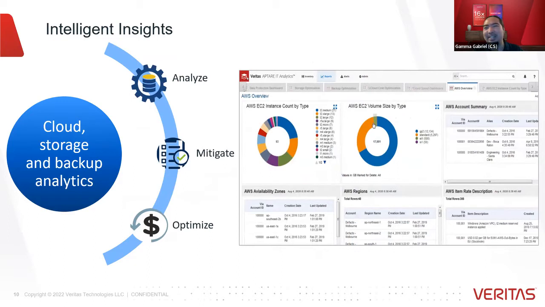Not all, because we have a time constraint, but there are a lot of things that NetBackup IT Analytics can do. We will focus on some of the things that we believe will be useful for you. Here is a quick snapshot of an AWS overview. You can already see the instance cloud and the account summary. Later in the demo, we will showcase how we are able to mix and match all of these different points and come up with decisions as well.